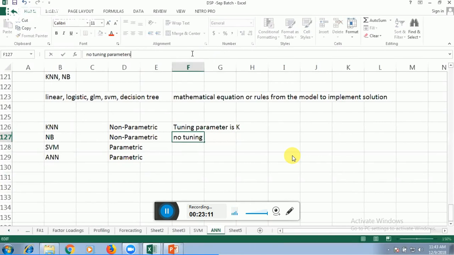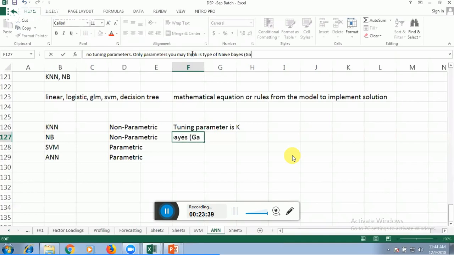The only parameter you may think about is what type of Naive Bayes technique. What are the types of Naive Bayes I told you in the last class?